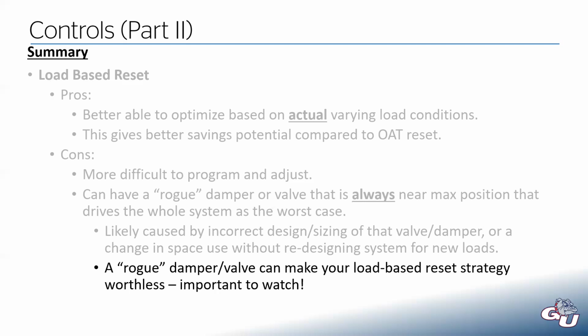And if the control system is smart enough, what you should actually have is some logic in there that can tell you when you have a rogue damper or a rogue valve. You should have some logic checking to see, hey, this one damper has been driving the reset strategy 100% of the time. Maybe you should go look at that.